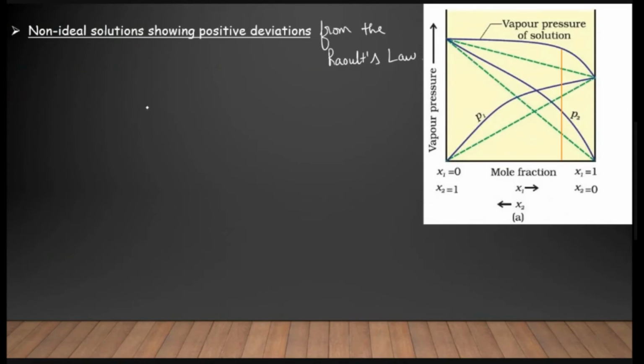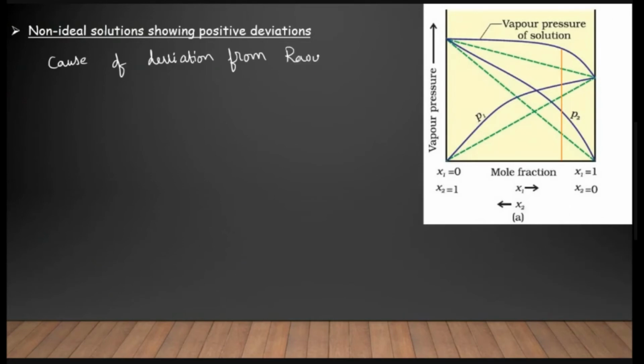Okay, so what is the cause of deviation from Raoult's law?